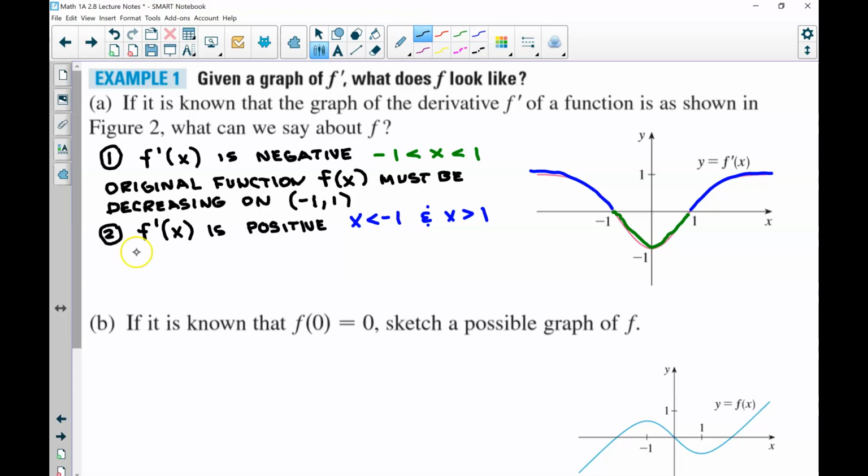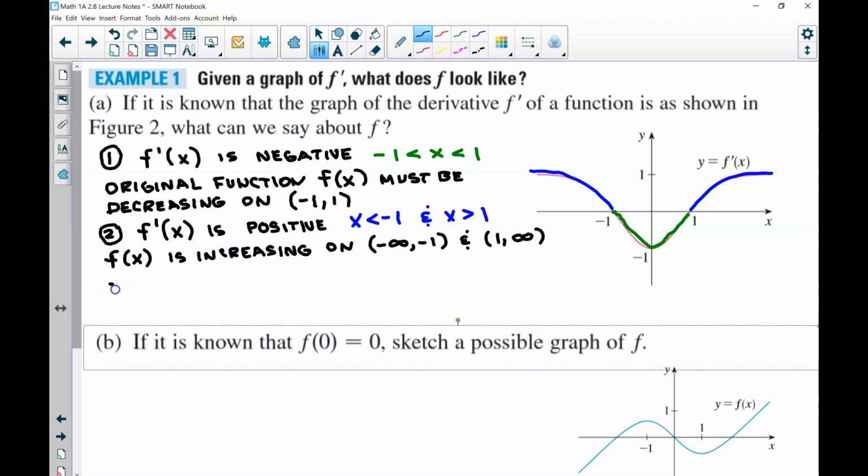Okay, so we would say that the original function, f of x, is going to be increasing on the following intervals. Well, it's going to be increasing from -infinity to -1 and 1 to infinity.